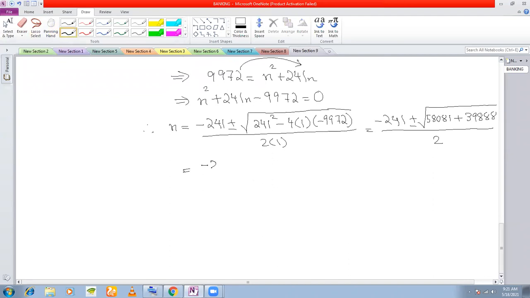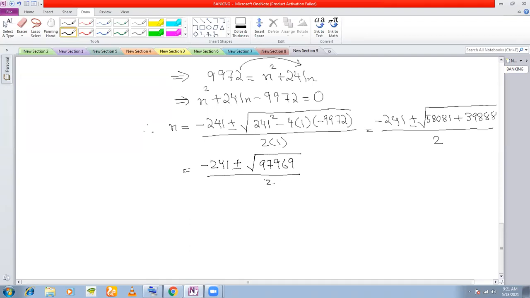So here you have minus 241 plus or minus square root of, we add these two, you get 97,969 divided by 2.